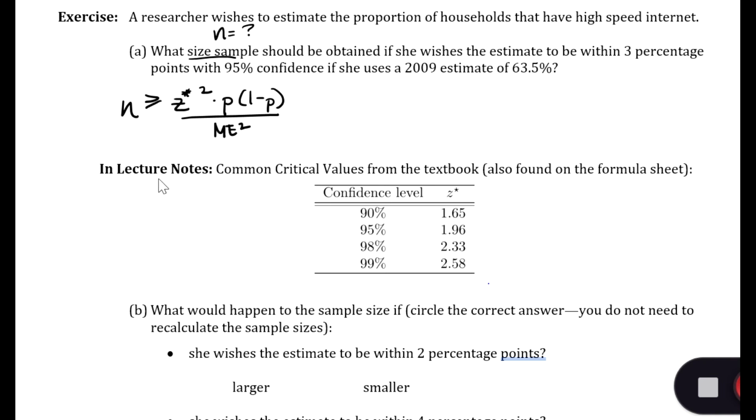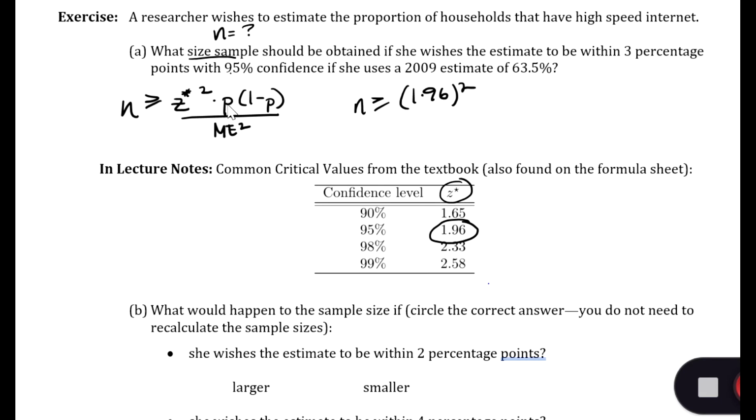So also in your lecture notes, we have critical values, and those are your z stars. We want a 95% confidence level, so my z star will be 1.96 squared.